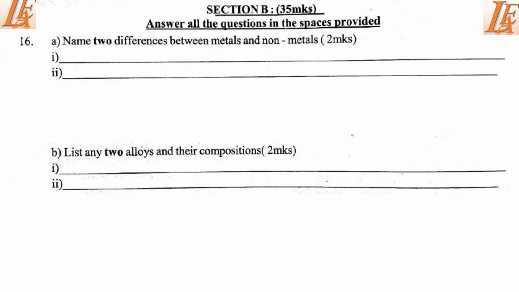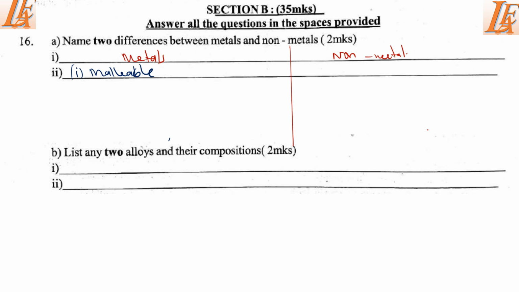Section B, question 16A. Name two differences between metals and non-metals. So for us to answer this, because we are going to list many of them, let's draw a very small table here. On the left side, we are going to have metals. And then on the right side, we are going to have non-metals. So for metals, the first difference is that metals are malleable.